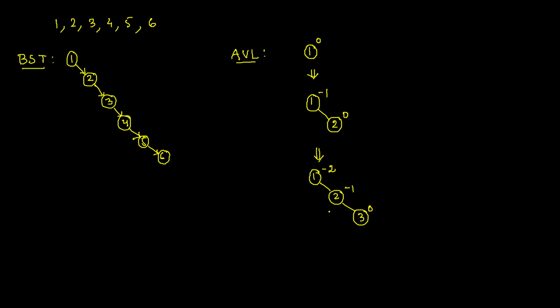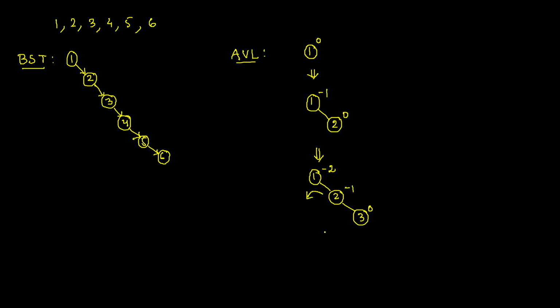Now if you go back to the cases and their solutions, you will see that in the case of right subtree right heavy, we do a left rotation with respect to the unbalanced node, that is this one. So we will have a left rotation something like this.